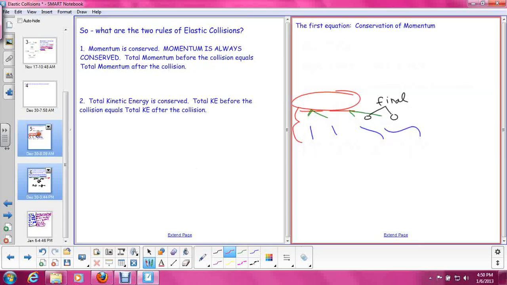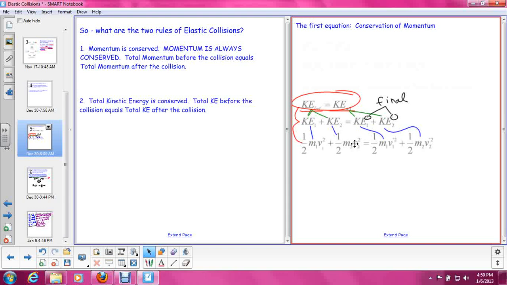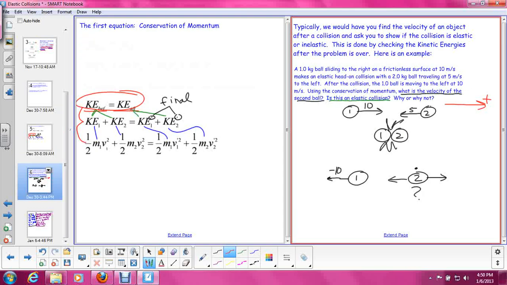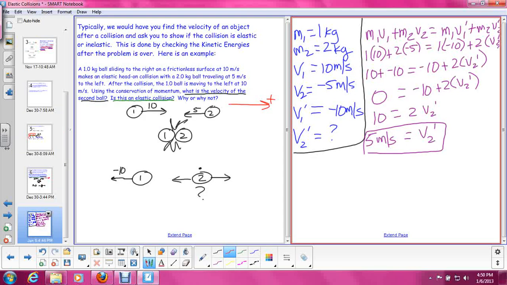So we are going to use these crazy looking equations, the ones that look scary but they're not that bad. So we know that kinetic energy before should be equal to kinetic energy after if this is an elastic collision.